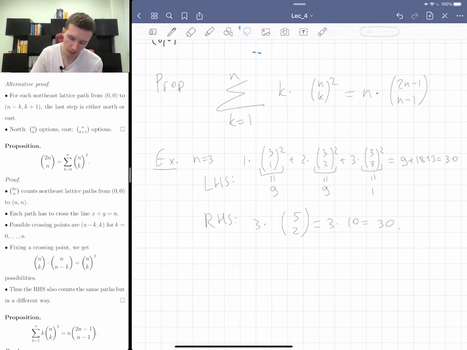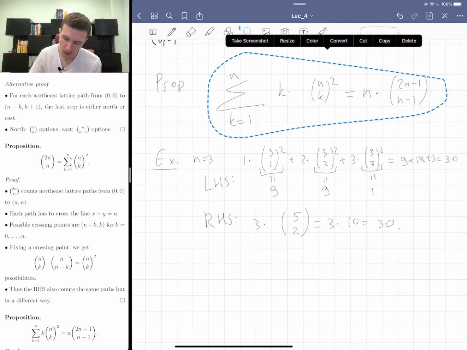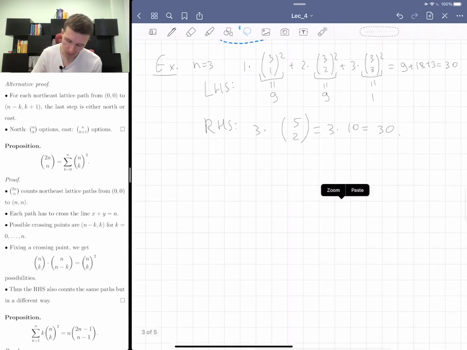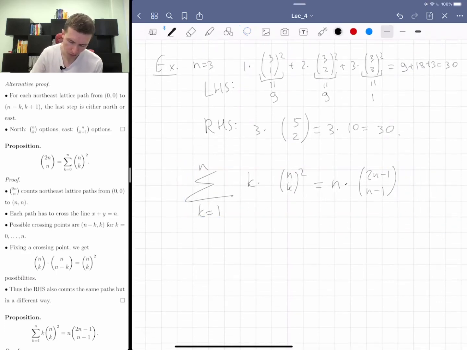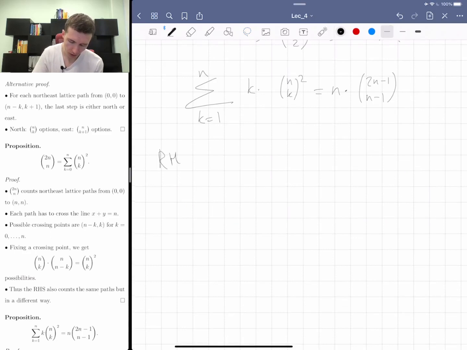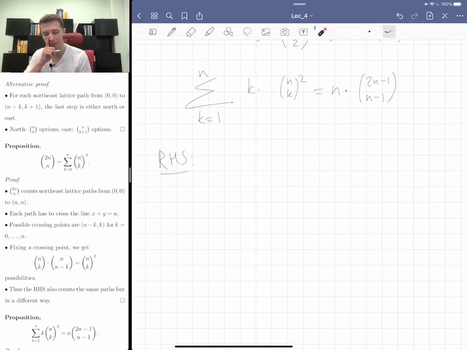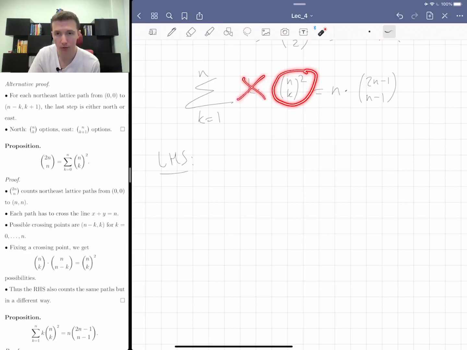So maybe, what's happening is that, or maybe even better, let's try the left-hand side first, because the left-hand side is almost the same as in the previous problem. In the previous problem you had n choose k squared without the k, but now you have the extra k. So what does this mean?